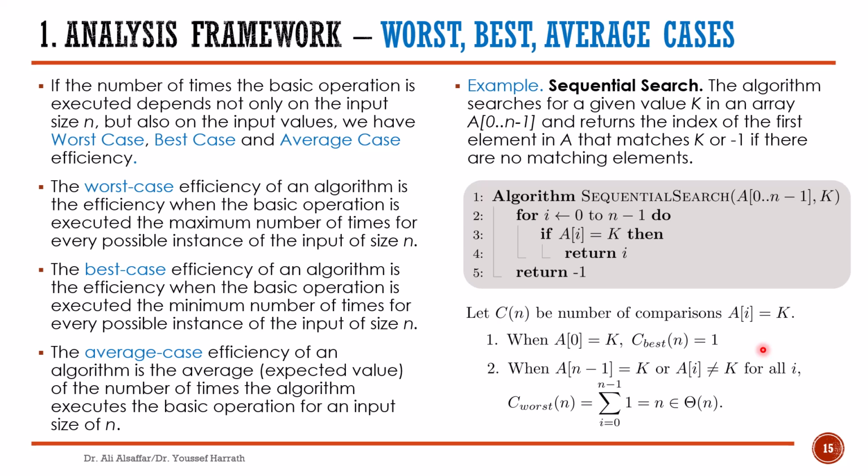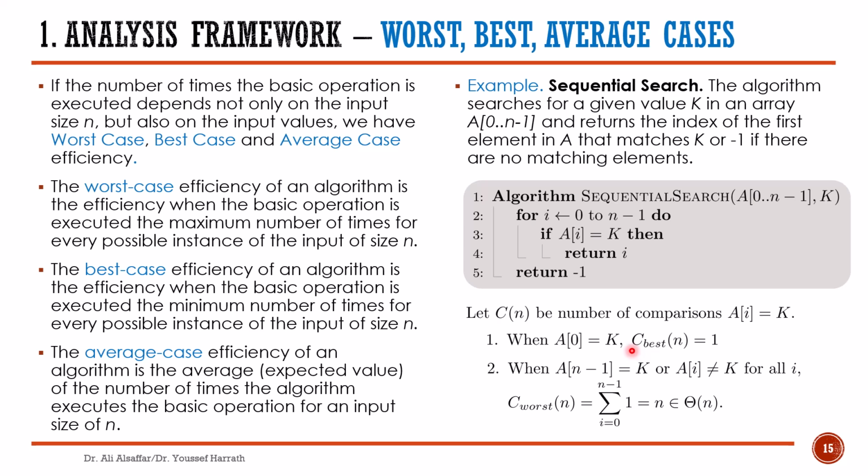And for the worst case analysis, the maximum number of times the key comparison is executed occurs when the key is at the end of the array at index n-1. I mean if An-1 is equal to k, or if the key is not found in the array. In this case, the algorithm will make one key comparison for each iteration of the for loop.